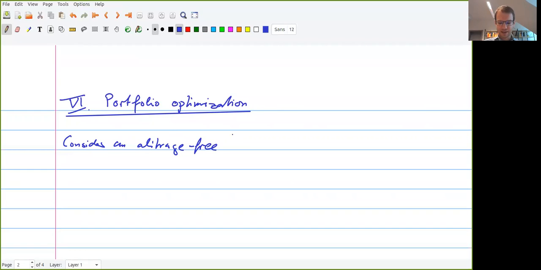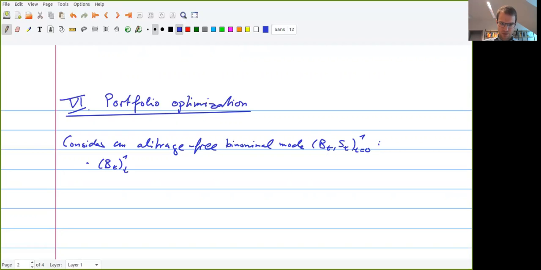So let us again look at the binomial model with one trading period. So we have our risk-free asset, we have one trading period, so we have time 0 and time 1.